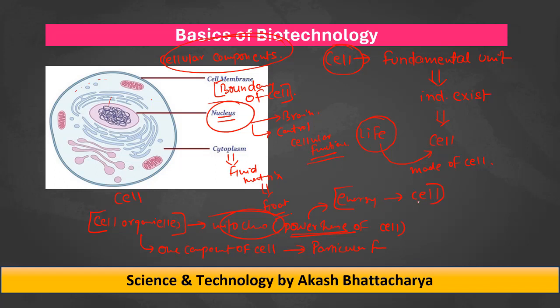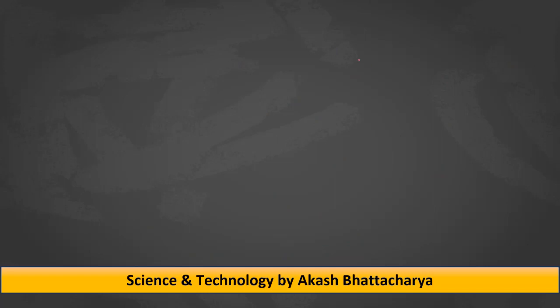Okay. Now understand one thing, that the human body has around 2 trillion cells. From baby to adult, you will see that the cells reproduce. For example, let's say this baby at its initial stage has 500 cells.